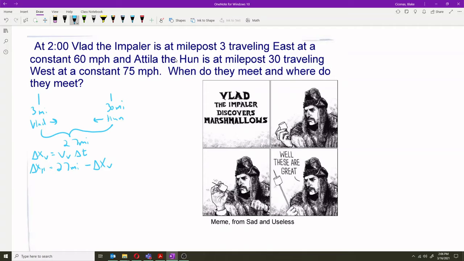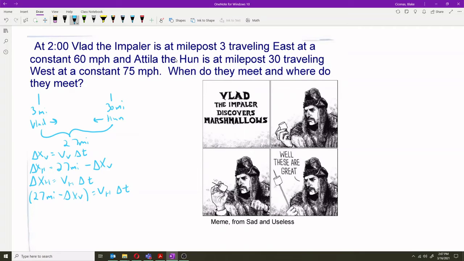All right, well, then we also know that delta x for the Hun is going to be the velocity of the Hun, vh, times his change in time. And so, well, here's the problem. We have two unknowns. We need two equations. Well, I know that xh is going to be 27 minus xv, so I'll make a substitution there. 27 miles minus delta xv equals vh delta t.